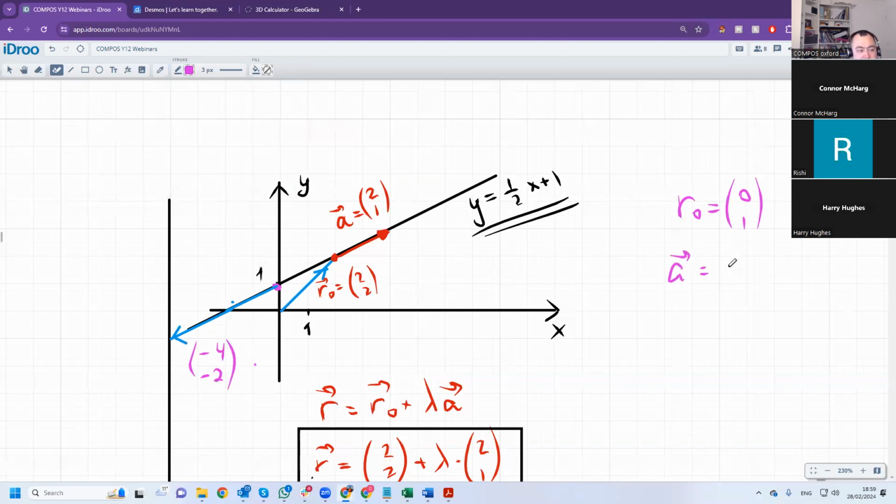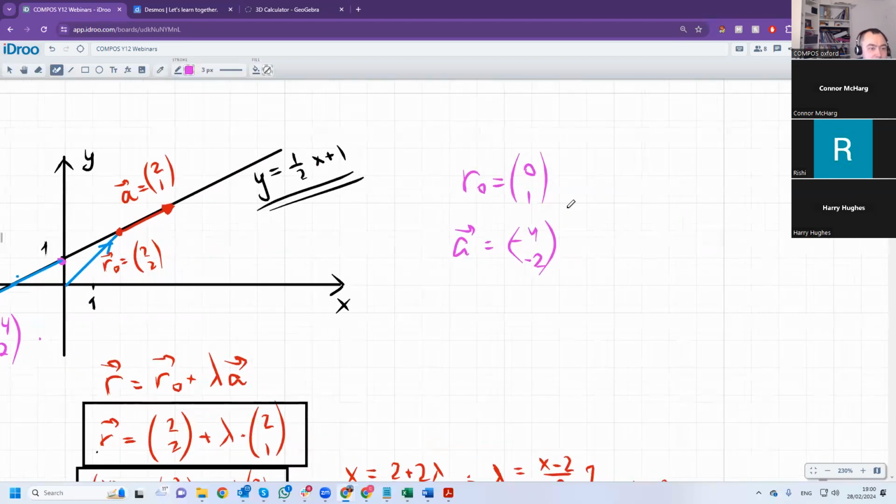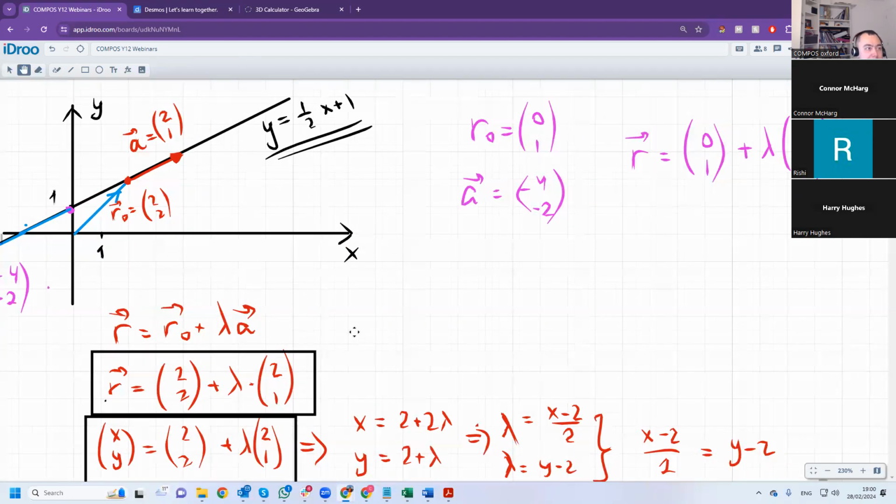So A is (minus 4, minus 2). The equation becomes R is equal to (0, 1) plus lambda multiplied by (minus 4, minus 2). It's the equation of the same line.